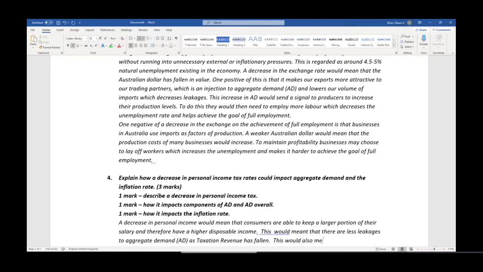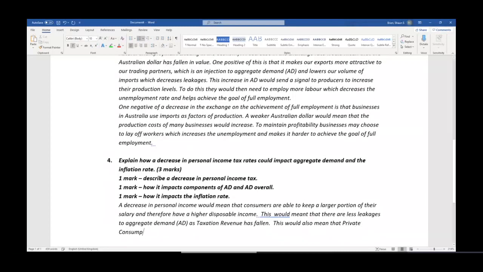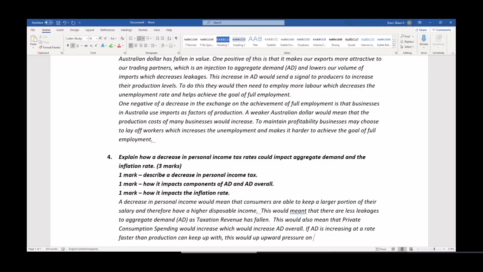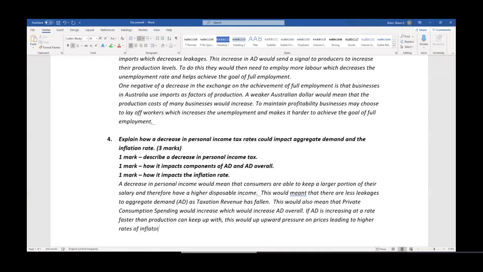This would also mean that private consumption spending would increase, which would increase aggregate demand overall. If aggregate demand is increasing at a rate faster than production can keep up with, this would put upward pressure on prices, leading to higher rates of inflation.